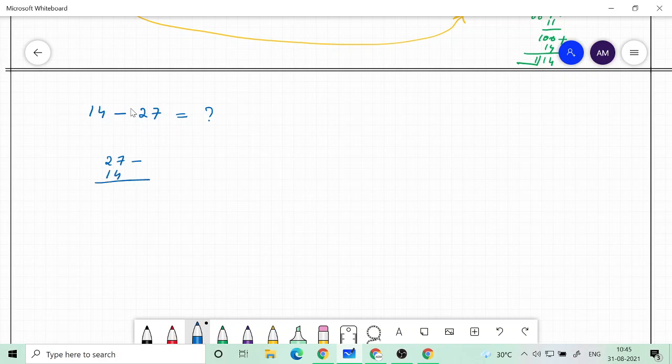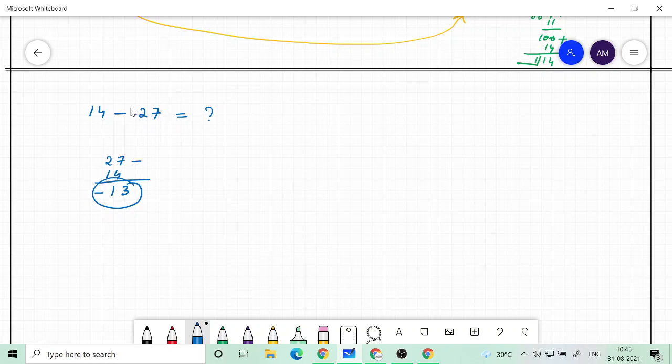Okay, so 7 minus 4 is 3, and then 2 minus 1 is 1, and then whatever is the sign of the bigger number. 14 has plus sign, 27 has minus sign, so the sign of the bigger number is assigned to the answer, so that is the answer, that is minus 13.